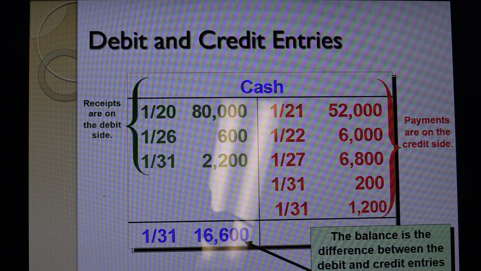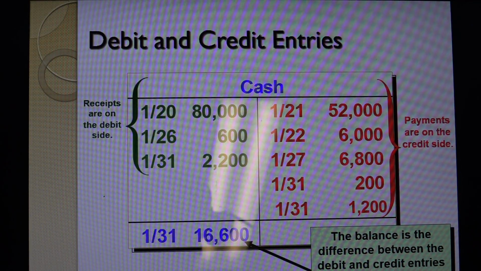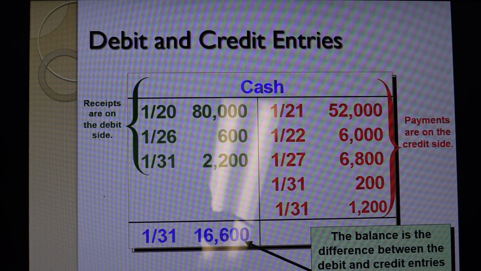So here they have an example of cash. Receipts increase the cash account, so we debit those and we credit reductions in cash. So those are the things on the right. And then at the end of the month, what they have is the difference between their debits and credits.